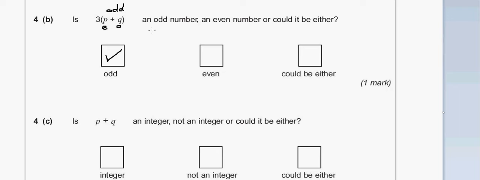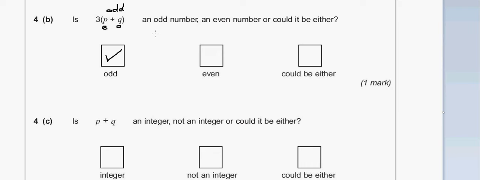Okay, so in this situation, an odd number multiplied by an odd number will always give you an odd number. Okay, in these circumstances. Okay, there is one exception, which is where we have 1, for example.